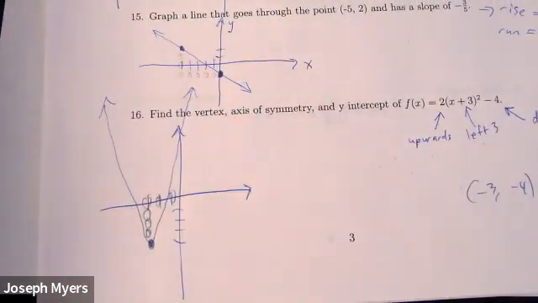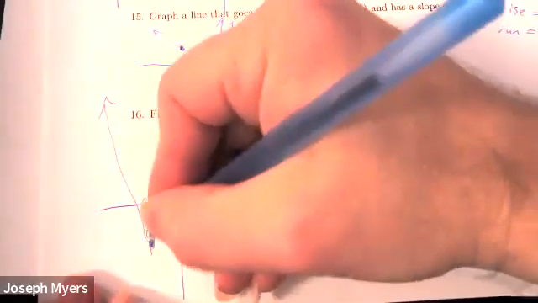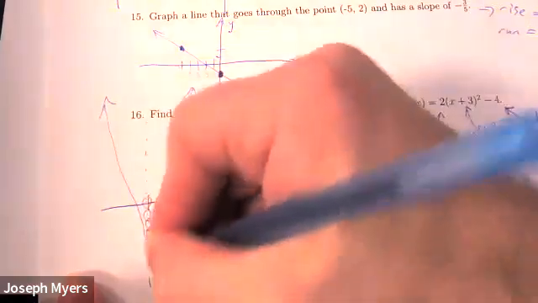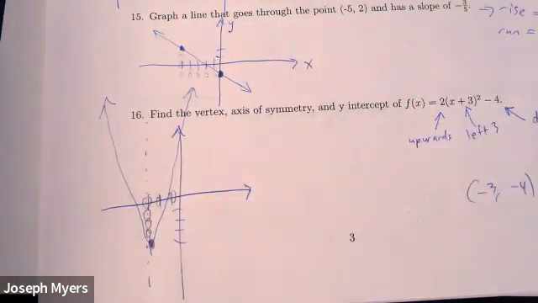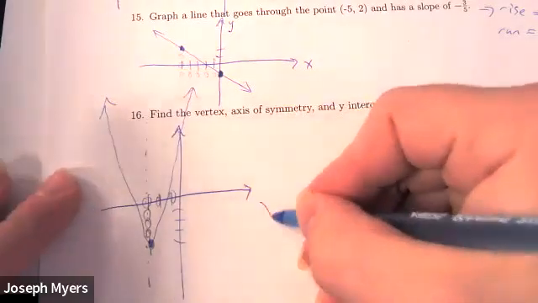So what does it mean when it says axis of symmetry? Every quadratic function looks like a mirror image if you draw a line through the middle of it. So that dotted line is called the axis of symmetry, because that's like the mirror. What is the equation of that mirror? It's vertical, so it's x, because vertical lines always have x.